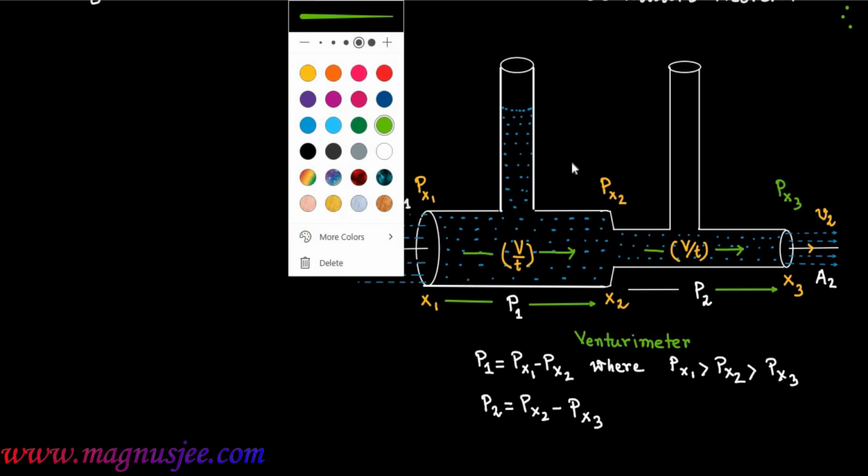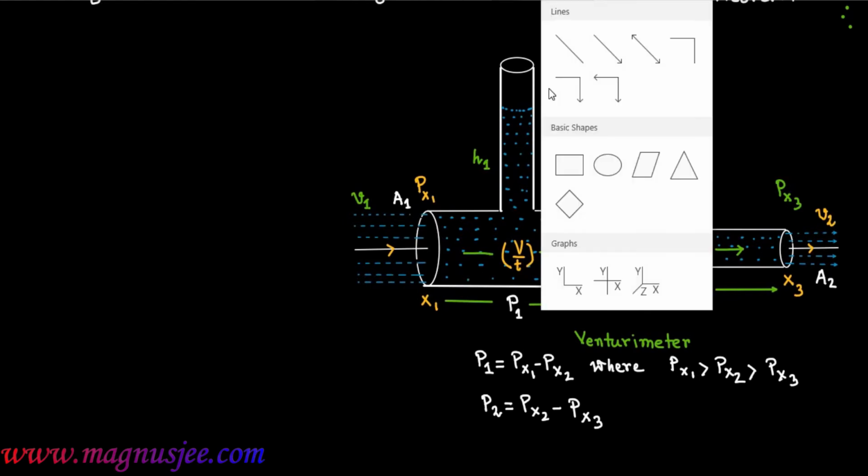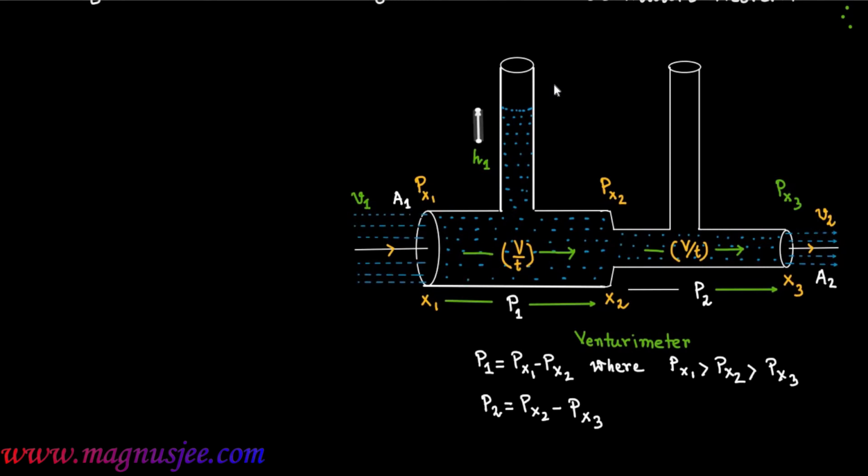Due to the pressure difference P1 across the first pipe, liquid rises up to the height H1. H1 is the height up to which liquid rises through the vertical pipe connected to the first pipe due to the pressure difference P1.